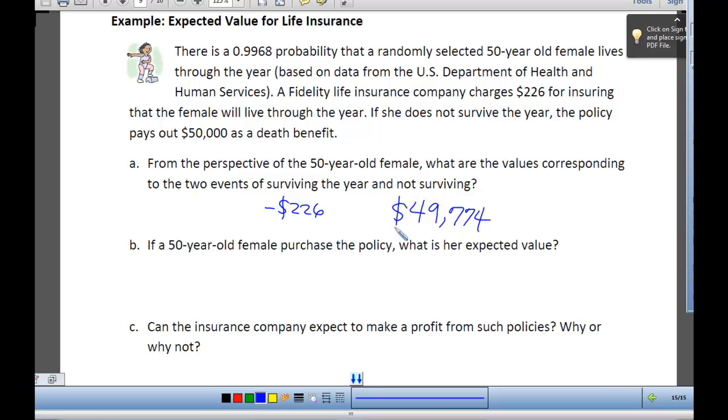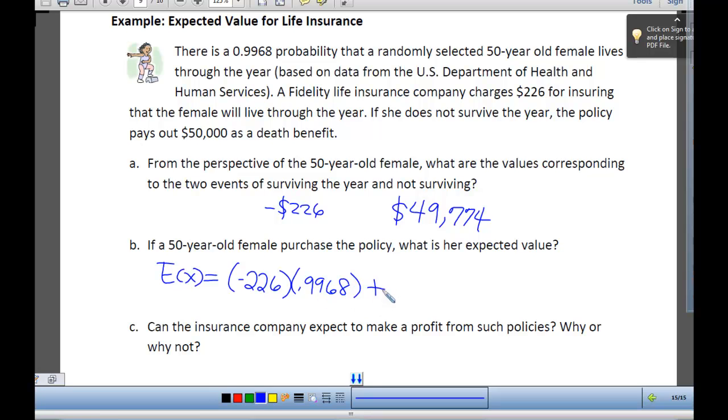If a 50-year-old female purchases the policy, what is her expected value? Given the probabilities associated with each of these, we can say the expected value is: she lives through the year, so that's negative 226 times the probability that she makes it through the year, which is 0.9968.